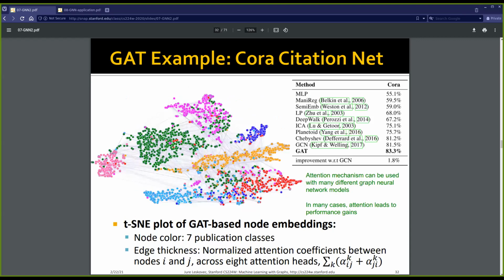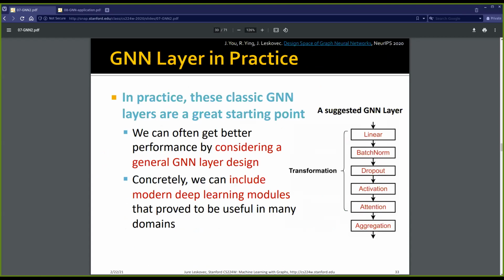There was also an example of how it looks in the Cora citation network, where using graph attention you can gain 1.8% better scores. But in practice, in any kind of deep learning, you also use other techniques.